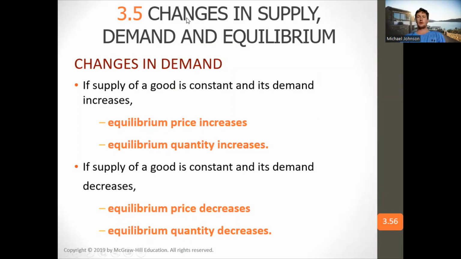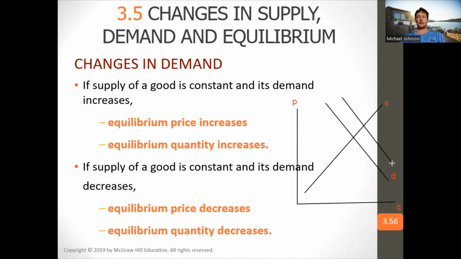So to show that, we'll do both here. In this case, label this curve. So this is what would happen for the top one.